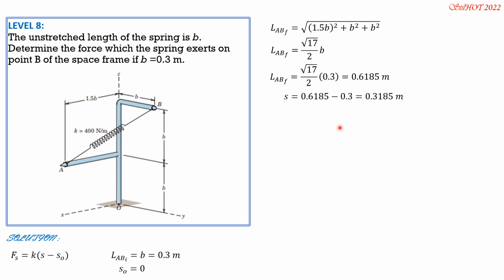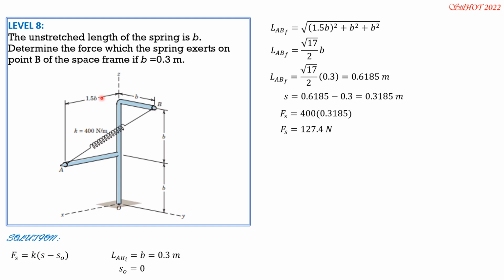So the force in the spring, or the tension in the spring, is the spring constant, which is 400 newtons per meter, times 0.3185, and it is equal to 127.4 newtons.